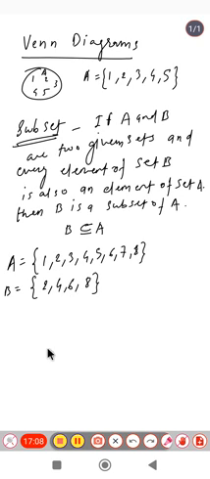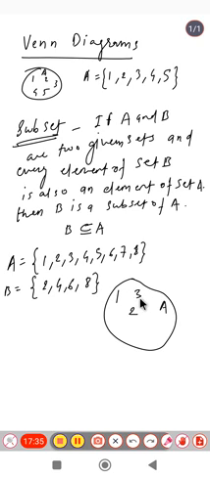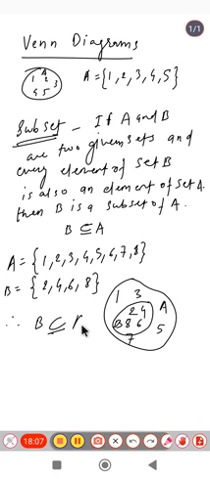First of all we make a closed figure, and this figure should be A. In A there are the elements 1, 2, 3, 4, 5, 6, 7 and 8. Now you can see here 2, 4, 6, 8 are the elements of the set B. So we can say that the set B is a subset of set A, because the set B's elements are in the set A as well.